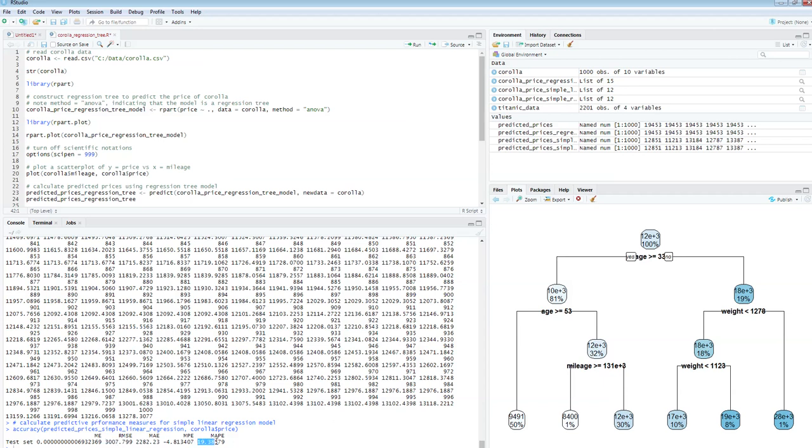And MAPE, if I remember correctly, was 10.3% for the regression tree. So my predicted prices were within, on average, of course, all of these are averages, right? On average, they were within 10.3% of the actual prices. And for the simple linear regression, they are within 19.3%. So once again, the simple linear regression is actually a worse model than the regression tree.